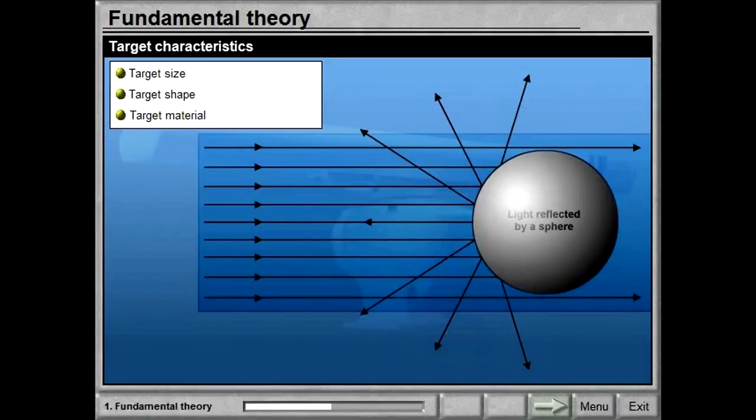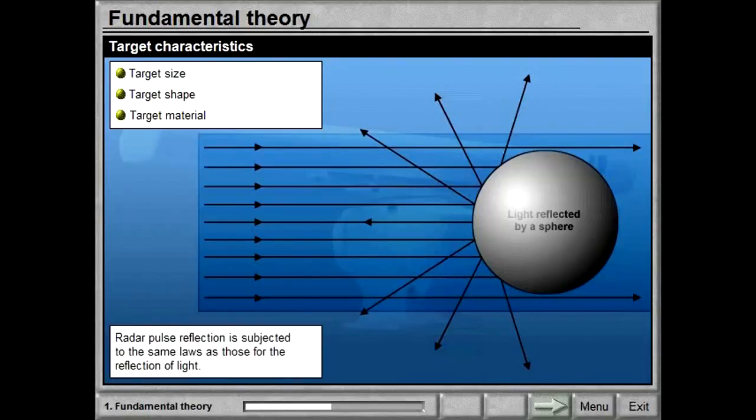How much of the reflected echo will return to the scanner depends on the shape and the angle of approach, and the material of the target, that is, steel, fiberglass, wood, etc. Radar pulse reflection is subjected to the same laws as those for the reflection of light.